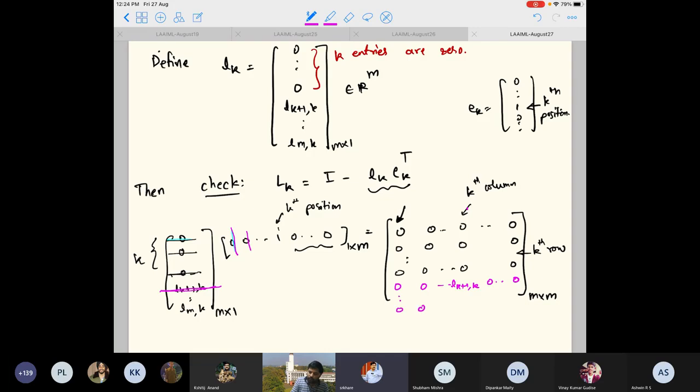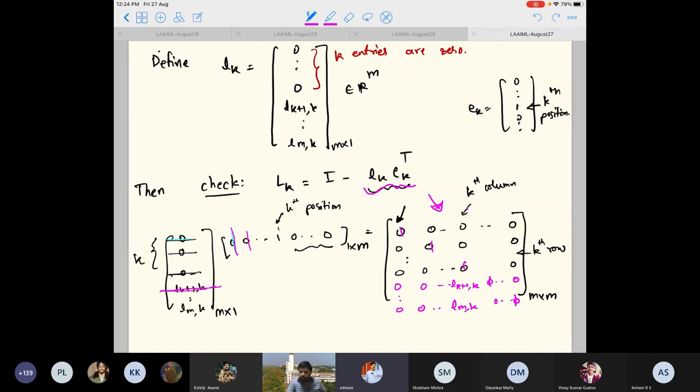And then you will get this vector here, LMK, all zeros. So this is the product that you see here. And when you subtract this from identity, you will get all ones on the diagonal, and these entries will become negative, right? So you will get the same matrix LK that you started with.